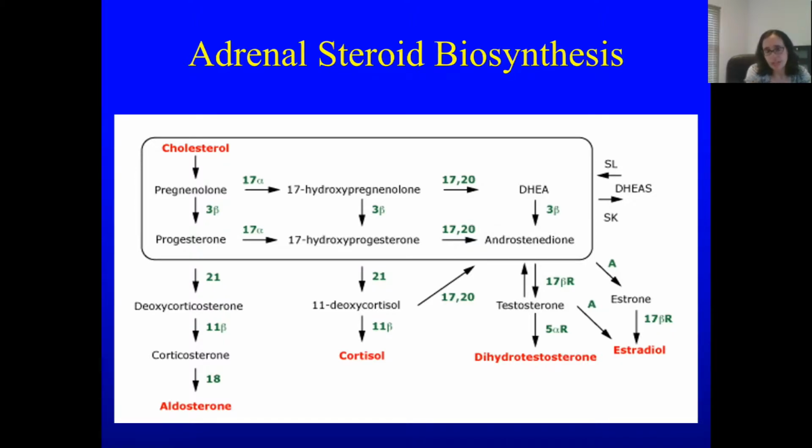And so if you can't make these 2 things, everything is then shunted over to the sex steroid pathway. And that's why female babies with congenital adrenal hyperplasia are virilized, and sometimes they have ambiguous genitalia that can look like male genitalia. So this is complicated, but just know that there are a lot of enzymes that lead to the conversion from steroid to aldosterone, cortisol, and sex steroids.